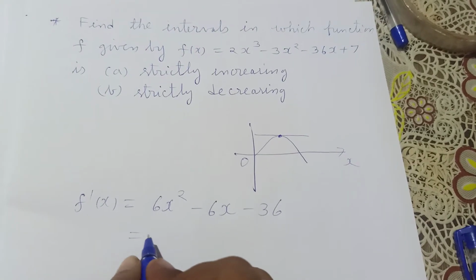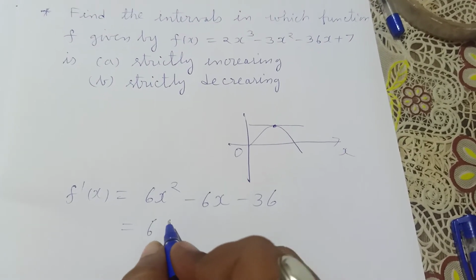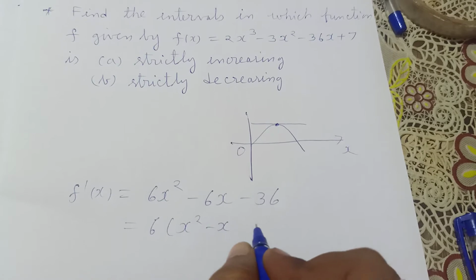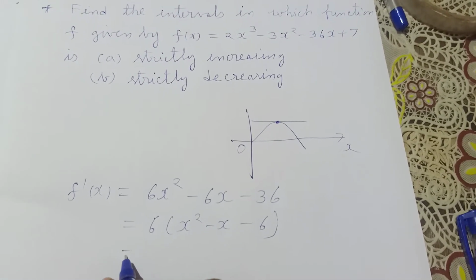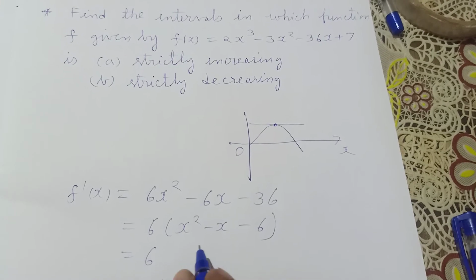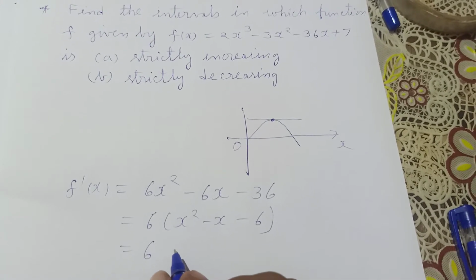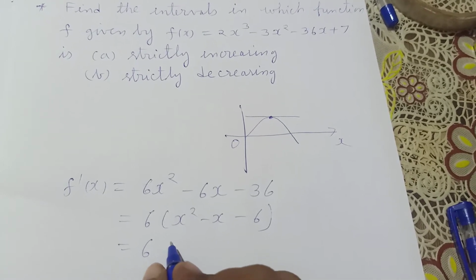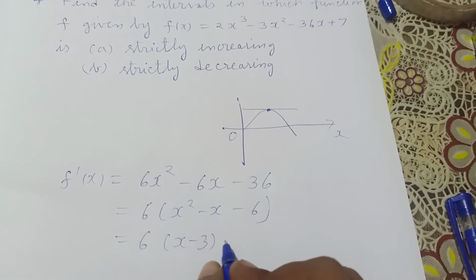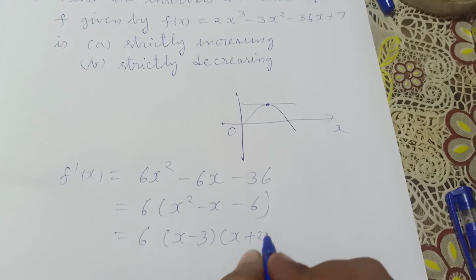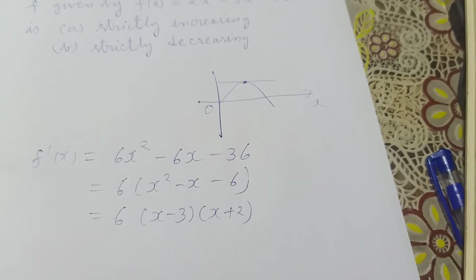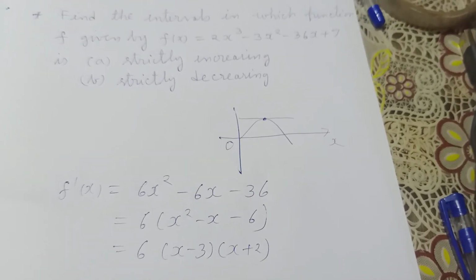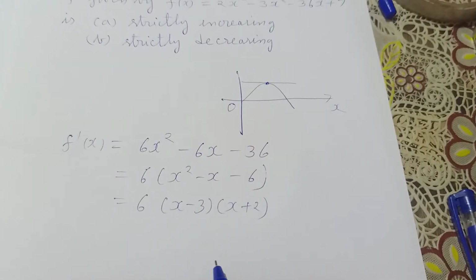We will solve it, take out 6 common, x square minus x minus 6. Now factorize it, we will get (x minus 3)(x plus 2). By splitting the middle term we have factorized it like this. So this is our value of f'(x).